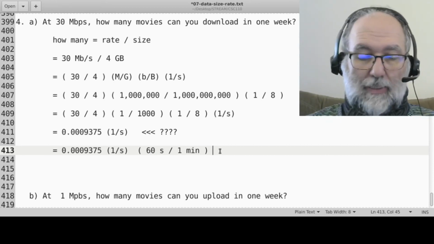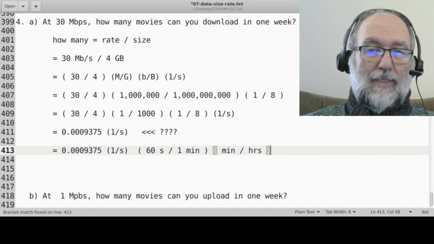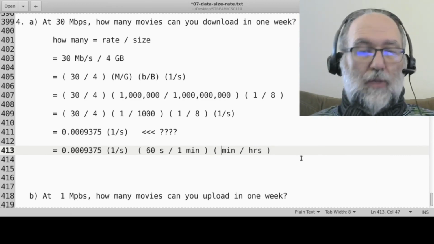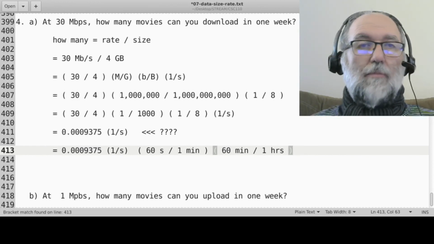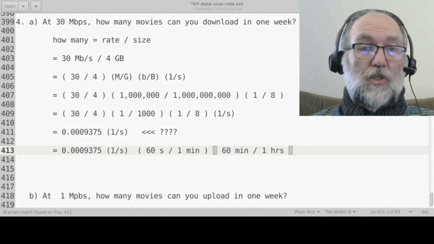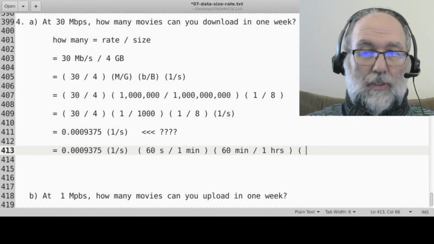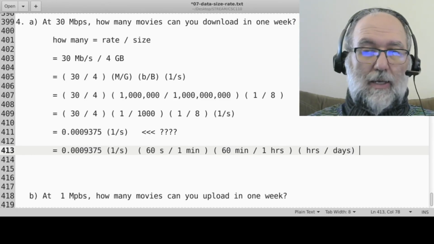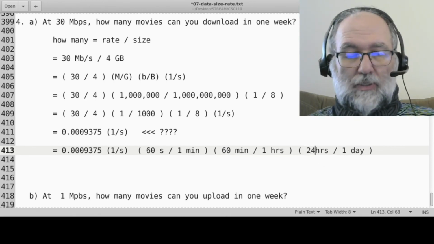Now we want to go from minutes to hours, and we know that there are 60 minutes in 1 hour. But we're not done yet. Let's go to the next unit up, which would be a day. So we would do hours divided by days, and we know that 1 day is 24 hours.